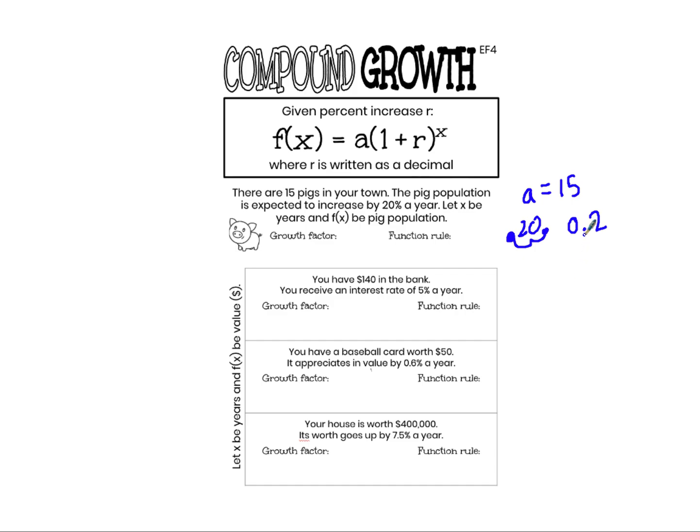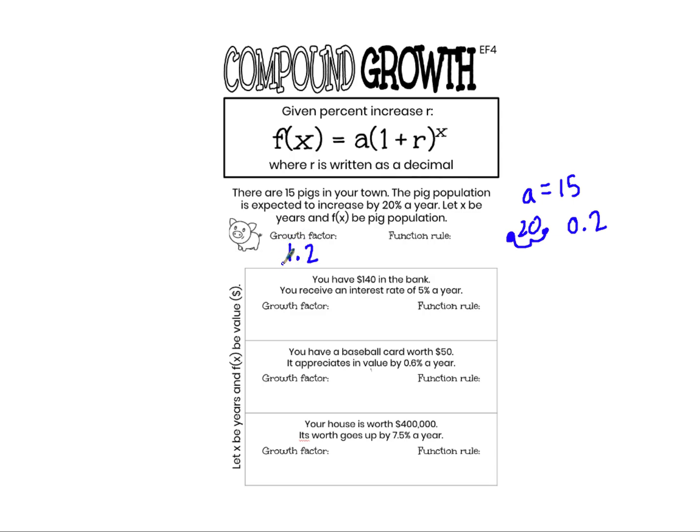And then my growth factor is not 0.2 or 2/10. If my growth factor were 0.2 and I multiplied my 15 by 0.2, that would mean I would have a lot less than 15 pigs after that first multiplication. That's not what's happening. My growth factor is 1 plus 0.2, 1 plus 2/10, which is 1 and 2/10, because my original piggies, they are still there.